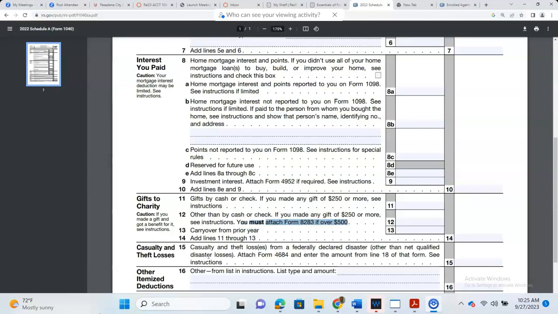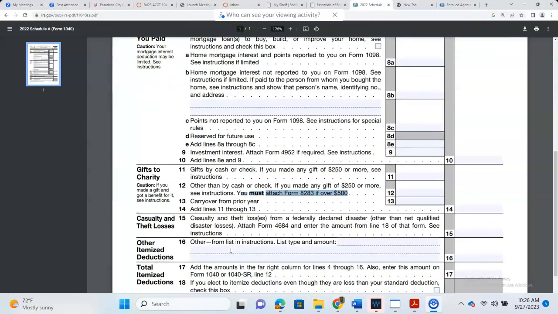Casualty and theft losses are not allowed overall after 2018, unless it is declared as a disaster area. Like those areas that have been impacted by tornadoes, hurricanes, flooding, those types of things, it will be declared by the IRS, and then you can use casualty and theft losses for those.